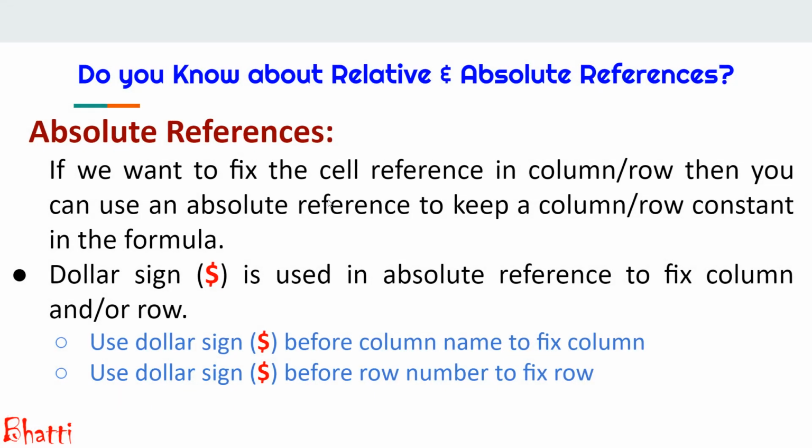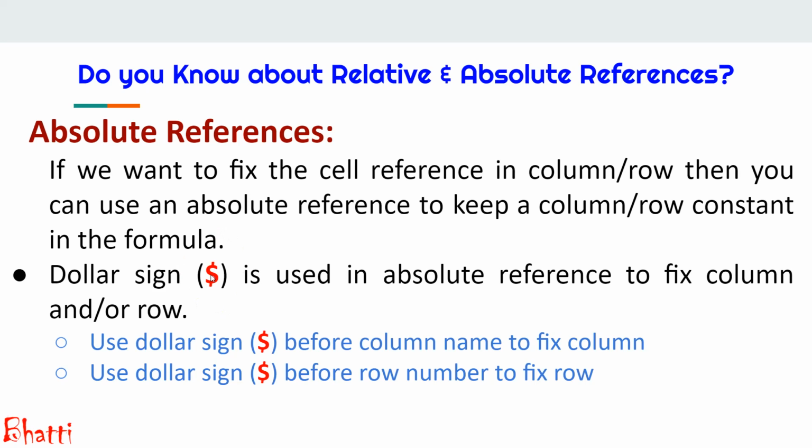Now if I need to fix the cell, I don't want it to change, I need to fix the cell. When I need to fix either a column or a row, absolute references will be used. In absolute references we fix the reference either for the column or for the row. The dollar sign is used to fix the column or row.